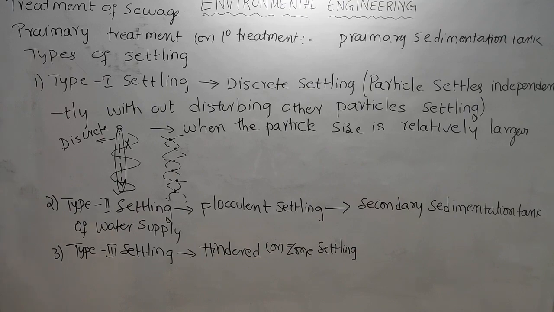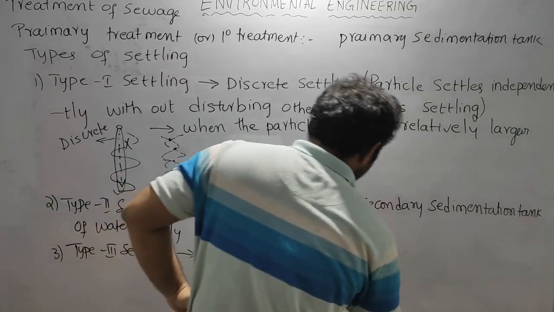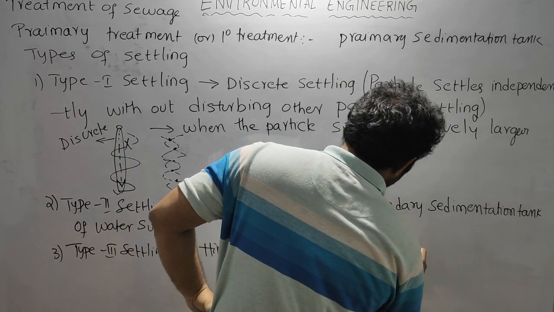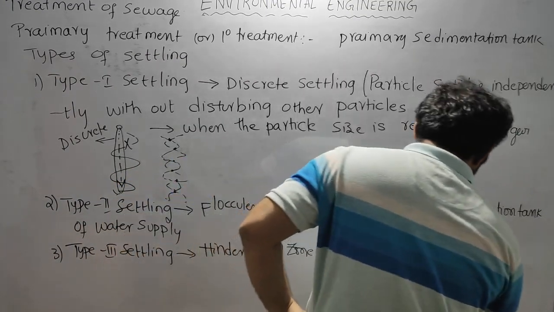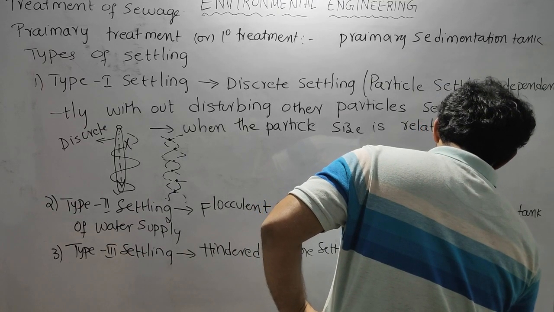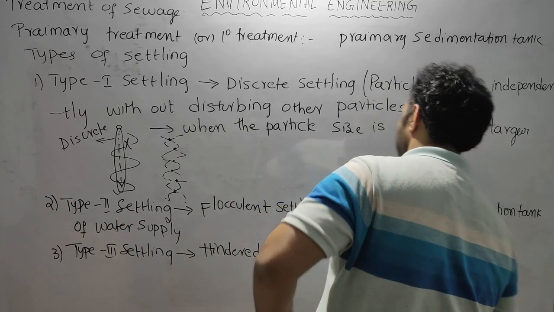We will discuss that process again anyway. The particles will be very fine and their settling will be hindered. So we look at this kind of settling in the secondary sedimentation tank after the activated sludge process, after ASP.